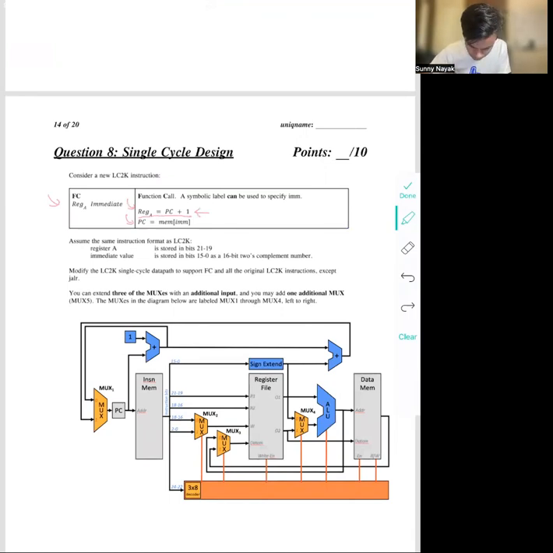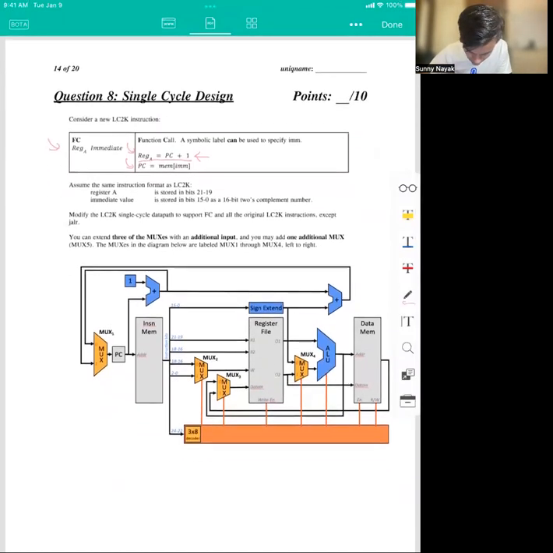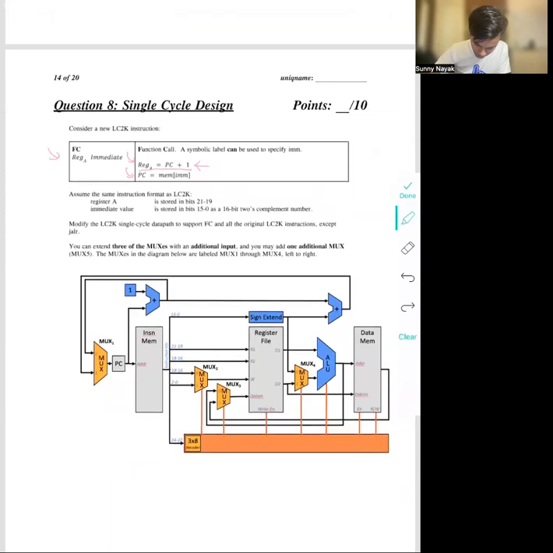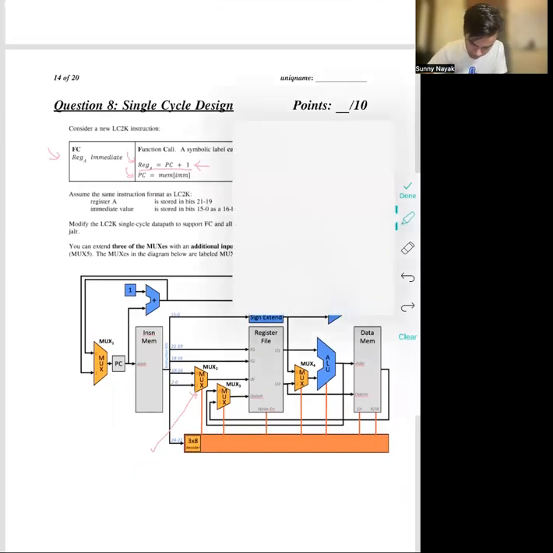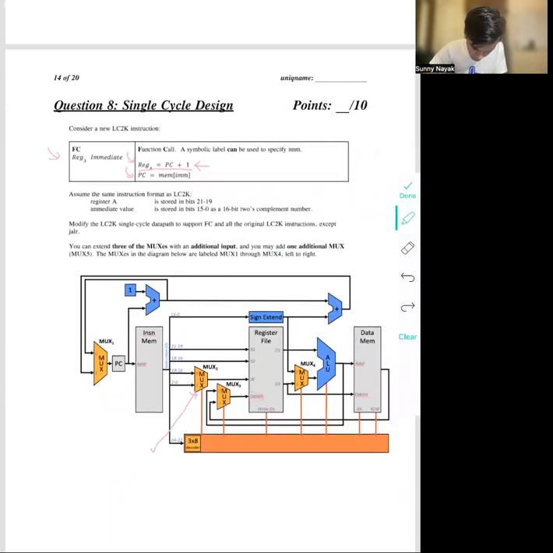When we look at our architecture, mux2 right here is in charge of selecting the destination register when we write to data in.